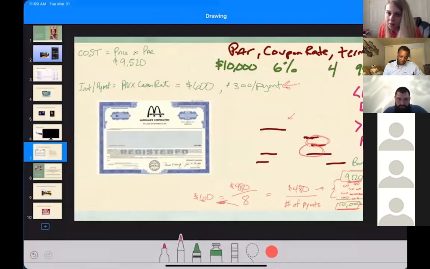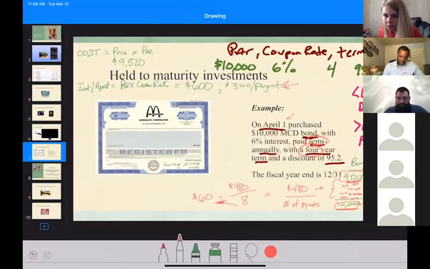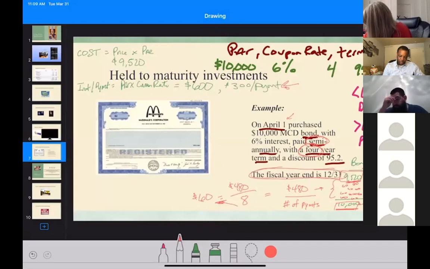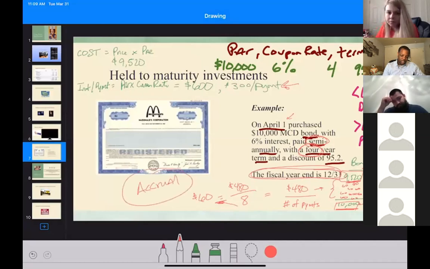Because the fiscal year end is 12/31. So we got to make sure we're recording our financial statements on the accrual basis of accounting, which says record revenue when earned, okay, and expenses when used.